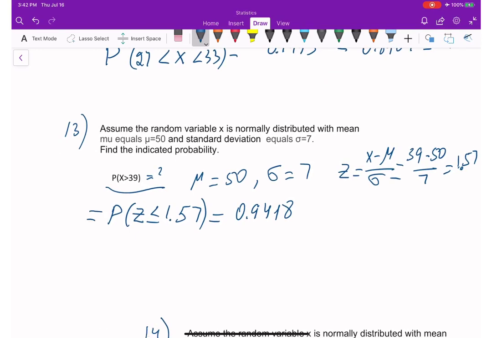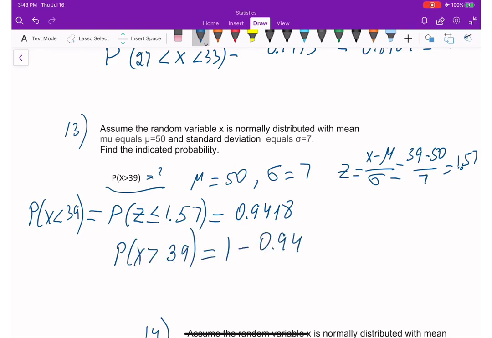All right, but this is probability for x less than 39, but we need greater than 39. So probability for x greater than 39, we are going to take 1 minus 0.9418. That will be 0.0582. Why? Because if this is my 39, we need to find this area, right?